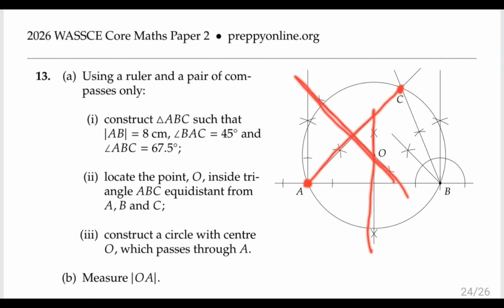So now, if you manage to get all the points that are equidistant from A and B, as well as all the points that are equidistant from A and C, then what is the intersection of those two lines going to be?